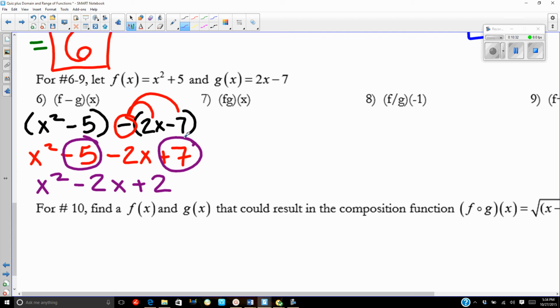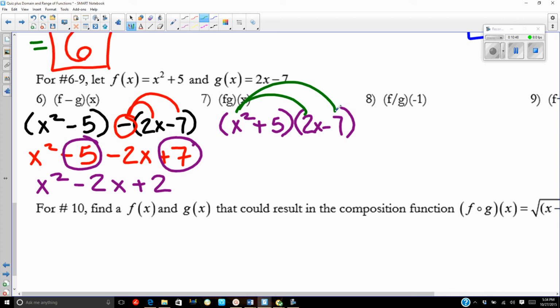Number 7, we're multiplying x squared plus 5 times 2x minus 7. Box method, FOIL method, distributive property, whichever method you prefer. Practice that. Again, don't wait just for the answer. Make sure you can do it on your own and just use this to check.